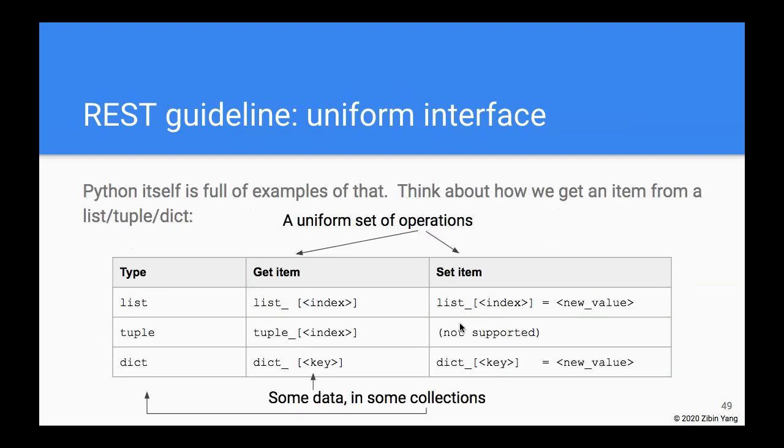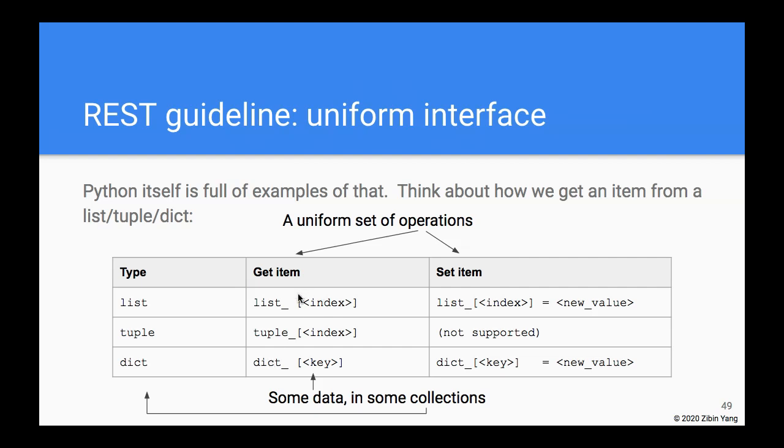And actually, Python is full of examples like that. Think about quite a few of the built-in data types that we've already learned, such as list, tuple, and dictionary, right? Whenever we want to get something from a list, tuple, or dictionary, what is the syntax that we use?